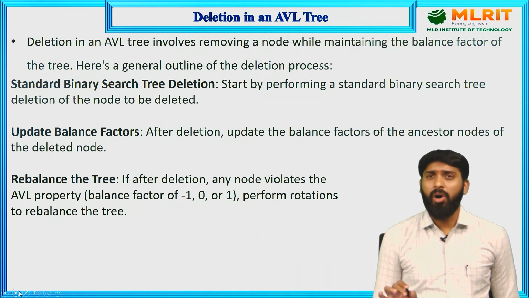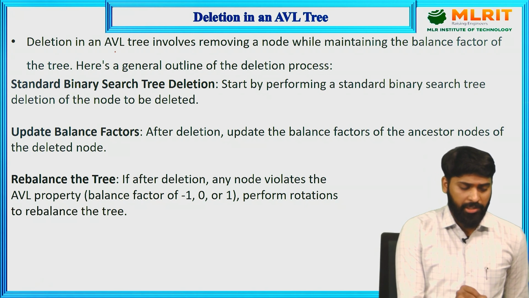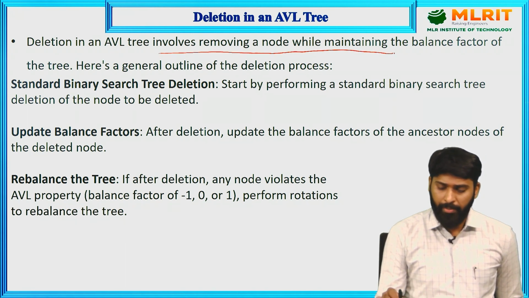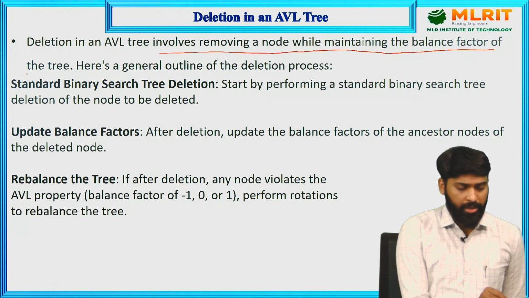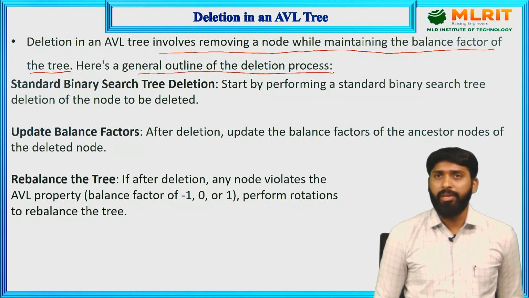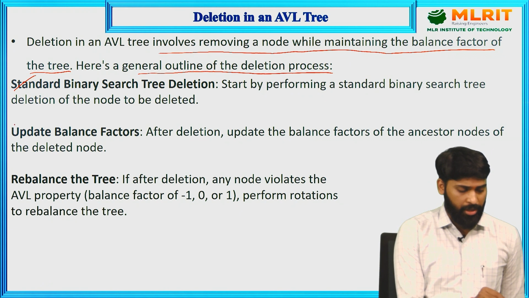This is the algorithm we follow to delete an element in an AVL tree. Deletion involves removing a node while maintaining the balancing factor of the tree. Here is a general outline of the deletion process, with three points.